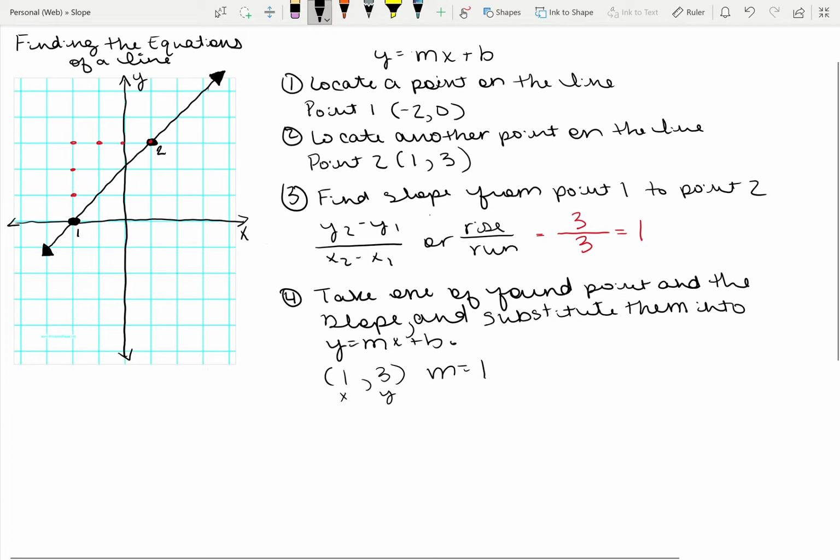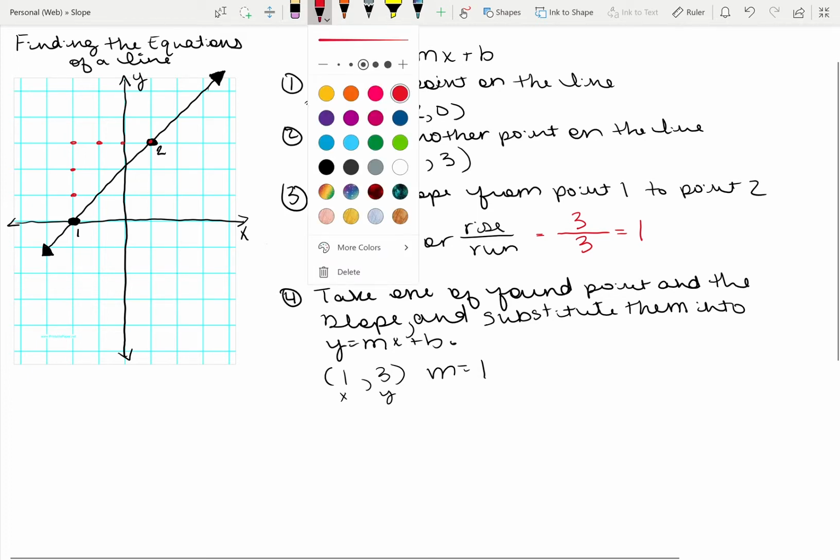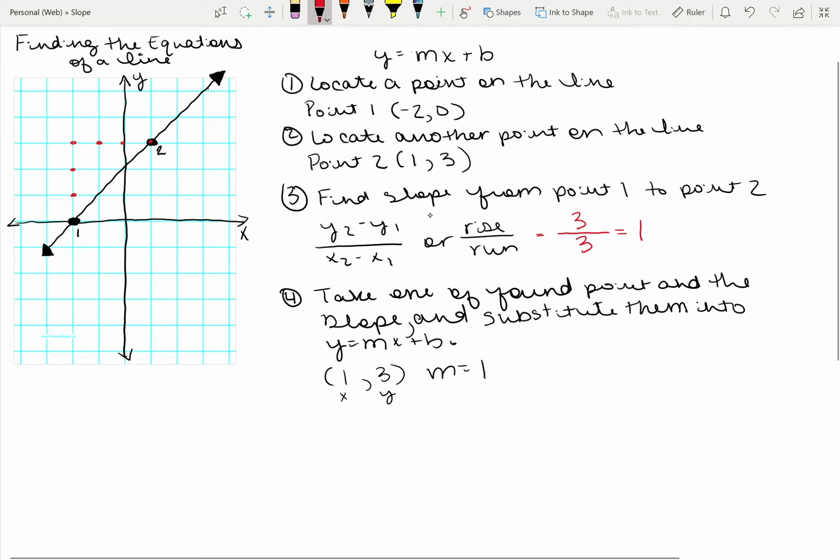And let's change the color before I start writing here. Let's change that back to red. So I have 3 is equal to 1 times x, which is 1, plus b. Okay, then simplify.